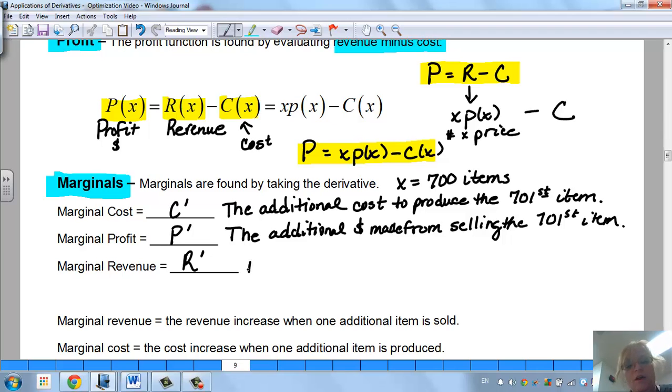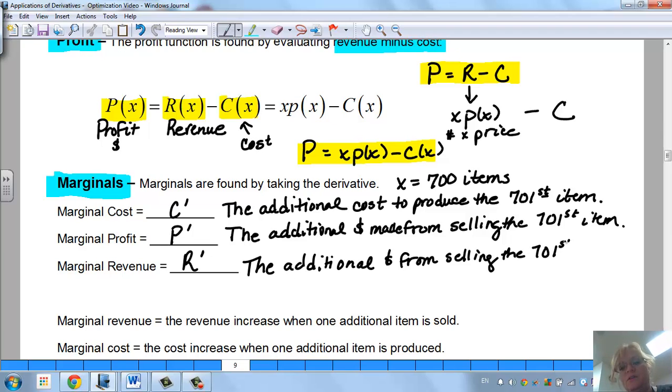And revenue is the additional money from selling the 701st item. So this is the additional money that I get from selling that next item. This is the actual profit made, the additional profit made from selling the 701st item. So these two are different because you're talking profit and revenue.